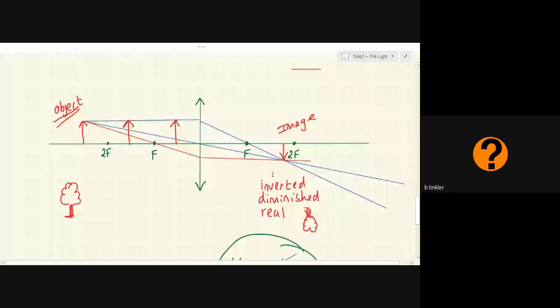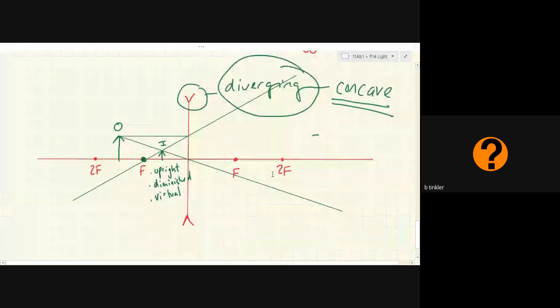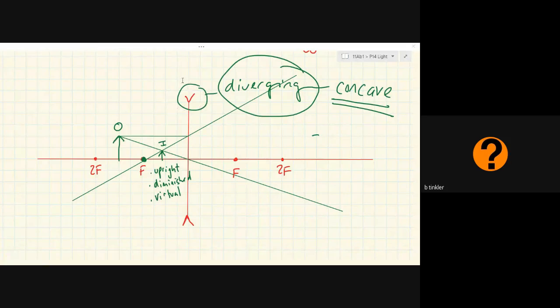Yeah. Okay. So this is the diagram that you would have to draw if it was a concave lens, and we know it would be concave because you've got these little oppositely shaped arrows on the ends.